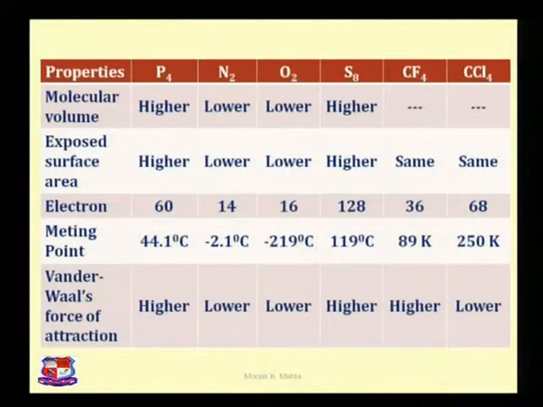In a phosphorus molecule there are 16 electrons, and in a nitrogen molecule there are 14 electrons. So, the melting point of phosphorus is 44.1 degrees Celsius, and of nitrogen is -2.1 degrees Celsius. So, the Van der Waals force of attraction is higher in a phosphorus molecule as compared to nitrogen, because phosphorus is bigger than nitrogen, has more electrons, and has a bigger surface area.